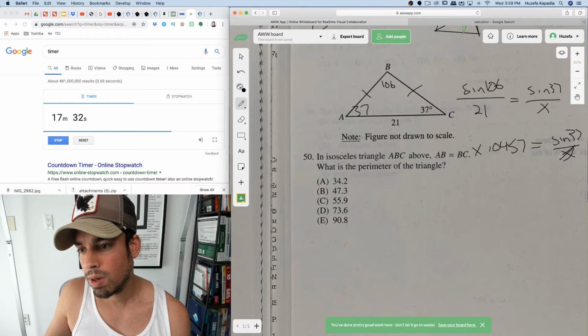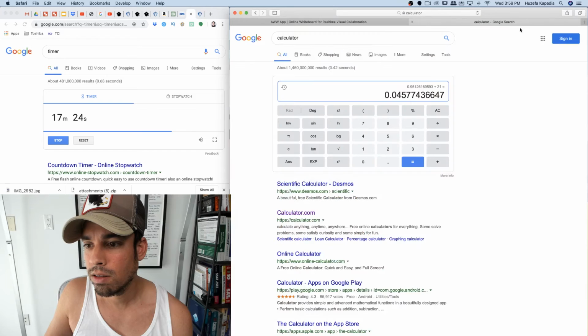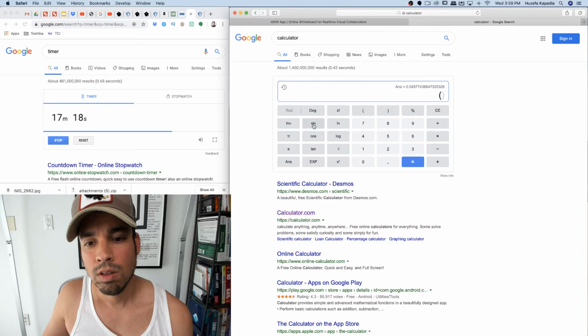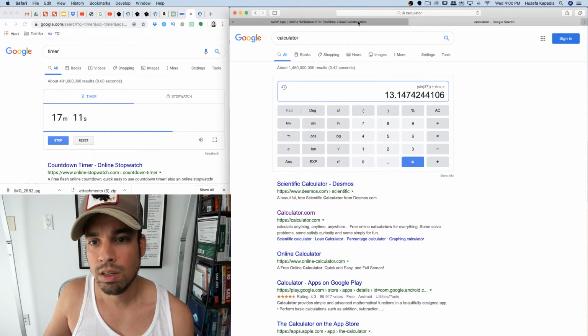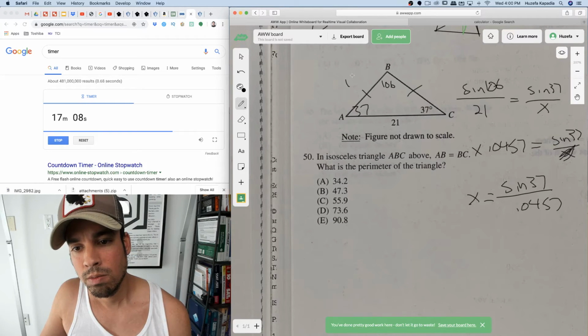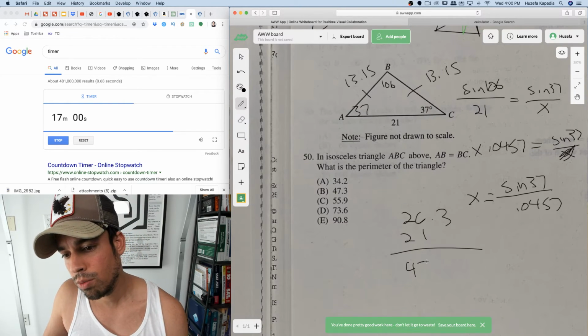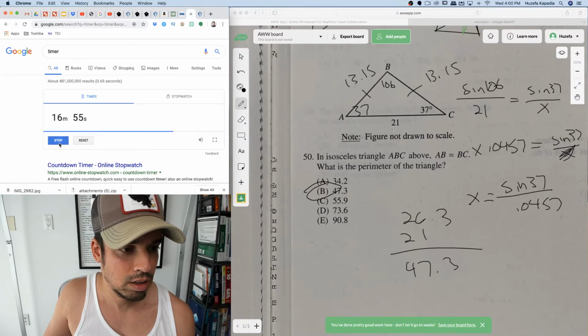Multiply both sides by x, and then divide by 0.0457, so sine 37 divided by 0.0457 is 13.15, let's say. So it's 26.3 plus 21 is 47.3. Yeah. All right, done. 17 minutes to spare.